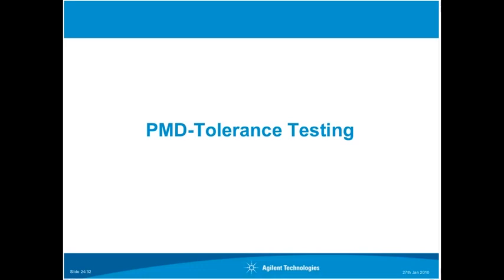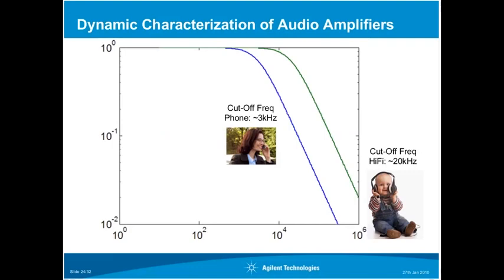And instead of doing this like people have done this before, they just introduce some maybe dynamic distortions, and they see if it works or not. So just like get a pass-fail. We are looking at what other technologies have done in that, and something you are pretty much familiar with, I suppose, is audio amplifiers. So what people did at that time with audio amplifiers is you just look at the cutoff frequency of your audio amplifier.